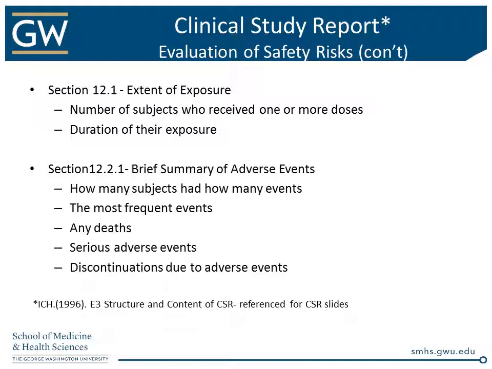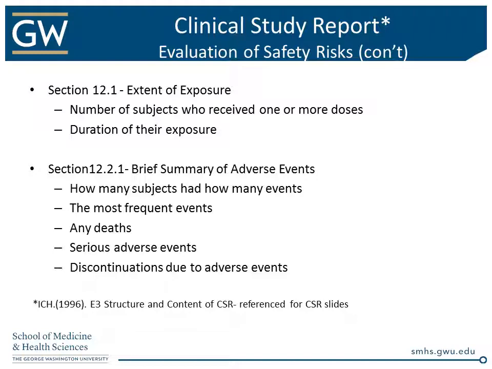Section 12.1, Extent of exposure, describes the number of subjects who received one or more doses of the investigational product, as well as the duration of the exposure, that is, how long each subject was on drug. Any unexpected results, for example, dosing interruptions, are also explained in the CSR.